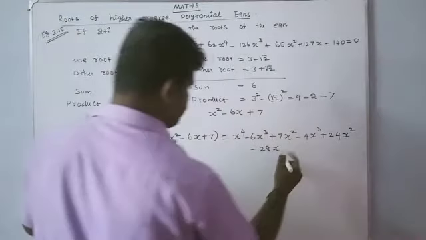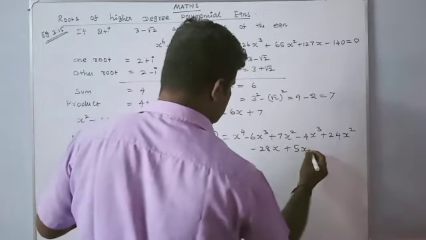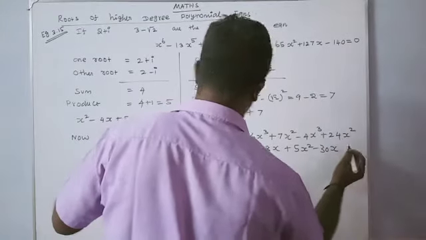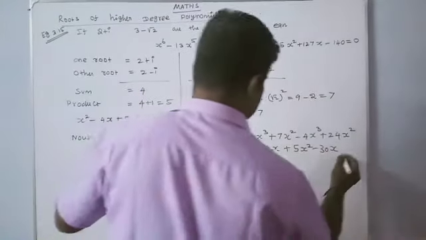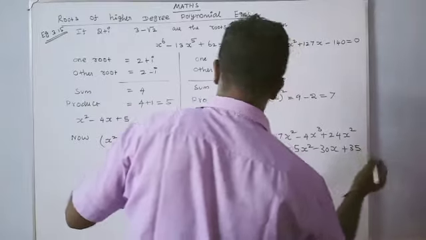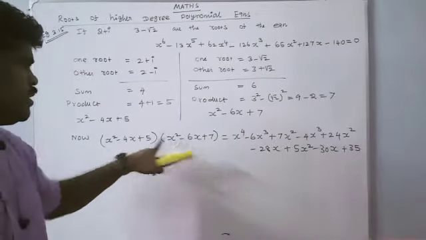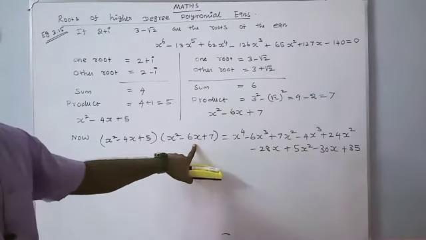Then plus 5x squared, minus 30x, plus 35.